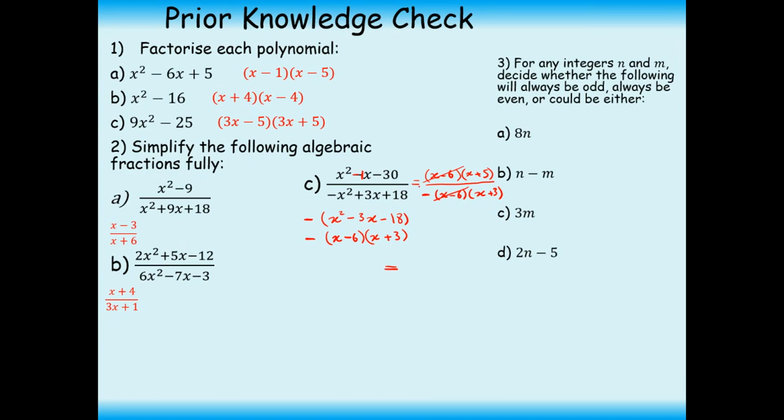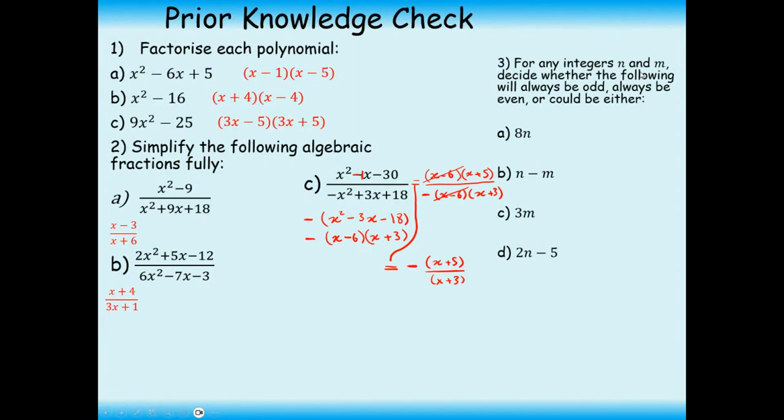Final answer, when we do the cancellations, is a negative sign in front of x plus 5 over x plus 3. Now it doesn't matter whether that minus sign is in front of the numerator or denominator, as long as the fraction is negative.